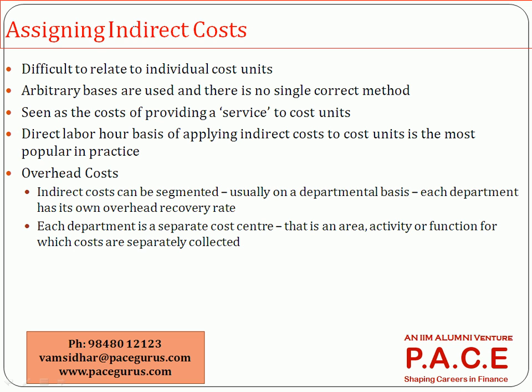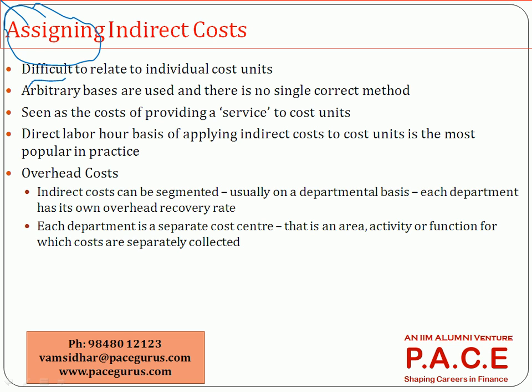If I have to find out my per unit cost for that particular product, I need some kind of a base on which I assign the indirect cost, because there is no direct way to find out how much rent I should keep for a product. So I will have to come up with mechanisms as to how I can allocate that kind of cost.